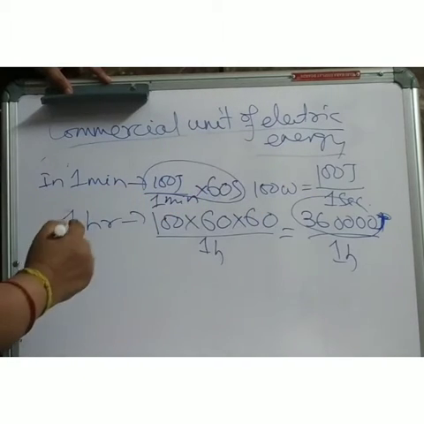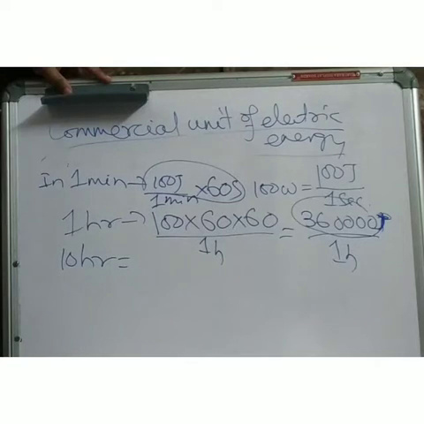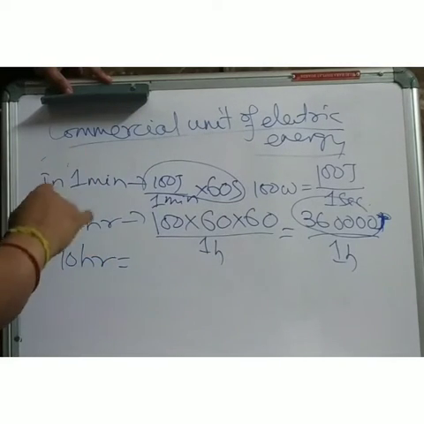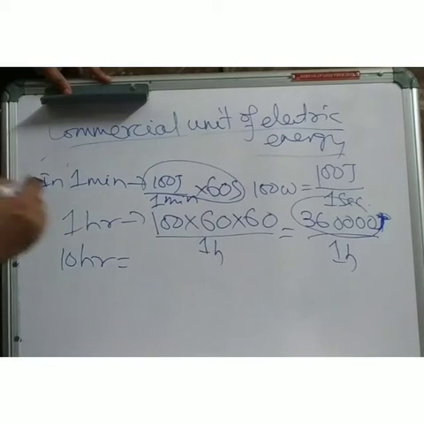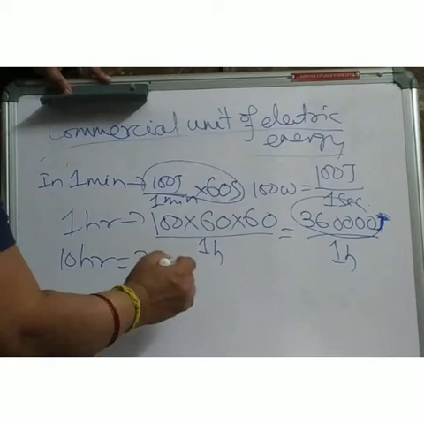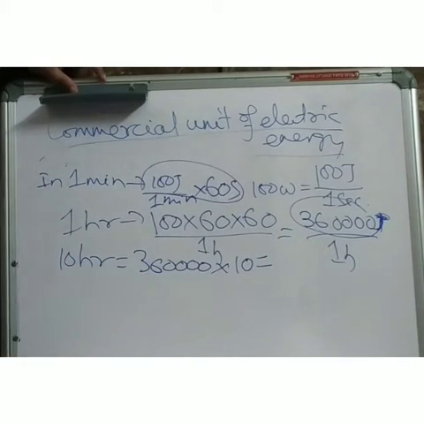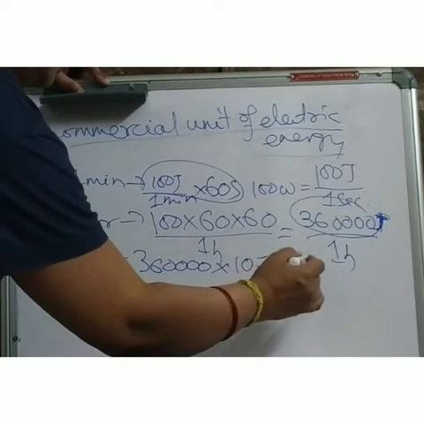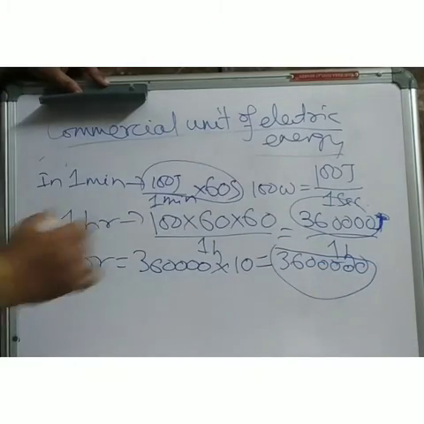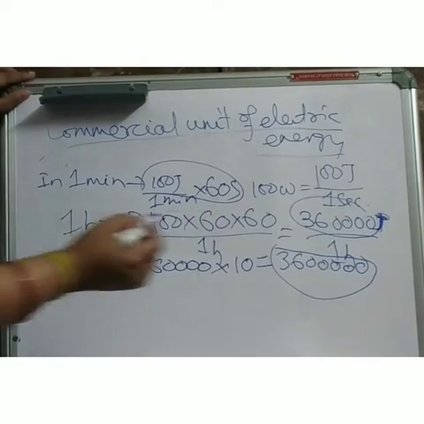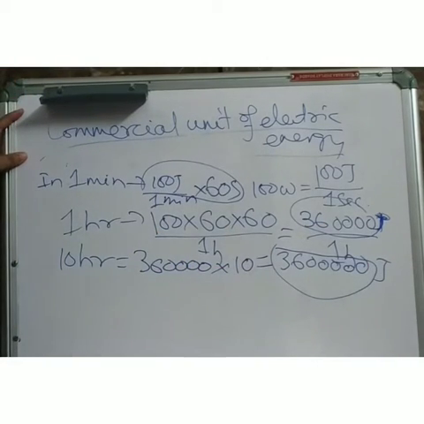In 1 hour it is this much, so in 10 hours it will be 360000 into 10, which is 3600000 joules. This is the amount of energy it is consuming per day.